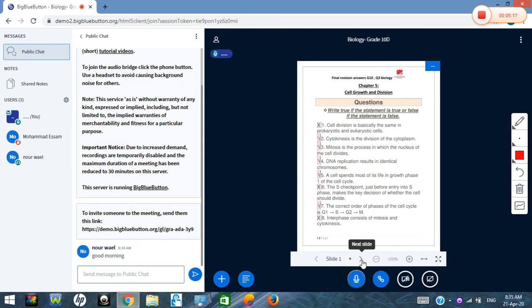The last phase of the cell cycle interphase, G2.